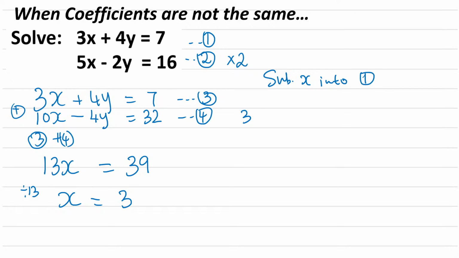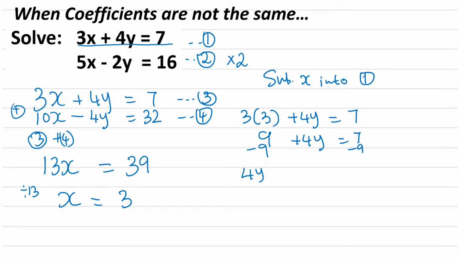So we have 3, x is 3, so I'm using this equation, plus 4y is equal to 7. So 3 times 3 is 9, plus 4y is equal to 7. We're going to take away 9 on both sides. So 9 take away 9 is 0. Now we have 4y equals to 7 take away 9 is negative 2.